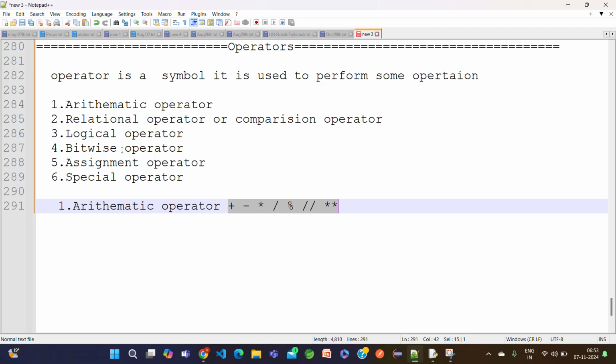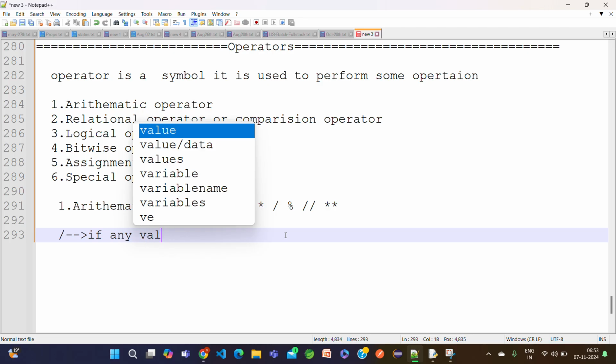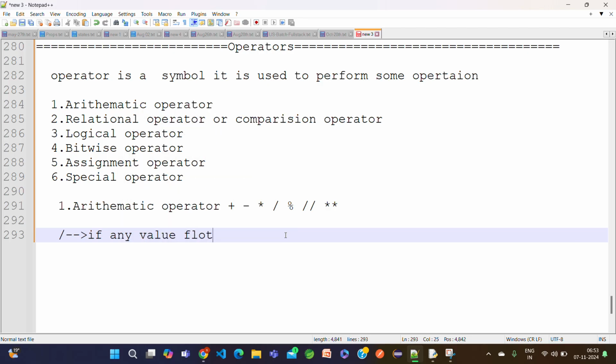What is the difference between division and floor division? If we use division on two values and any value is a float, then the output is a float value.